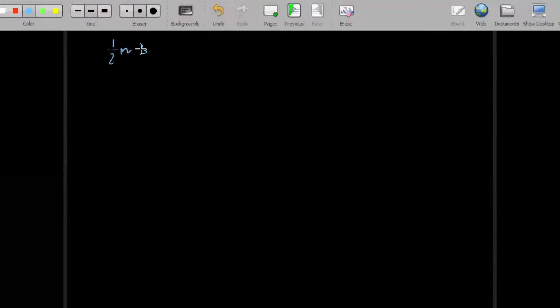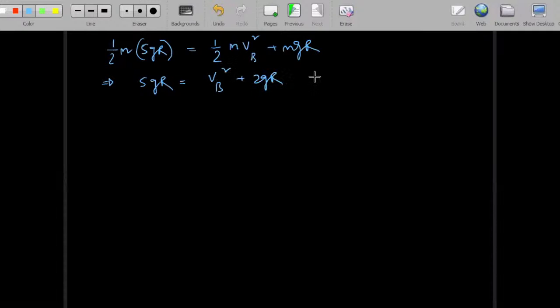Half m v_A square means half m times 5gr is equal to half m v_B square plus mgr. If you cancel this half factor, 5gr is equal to v_B square plus 2gr, right?